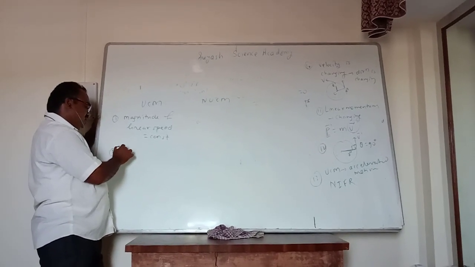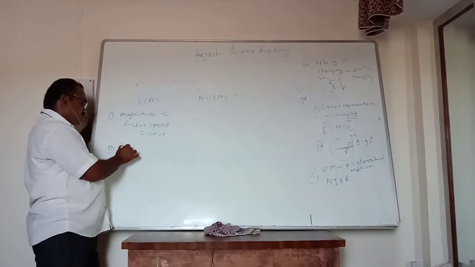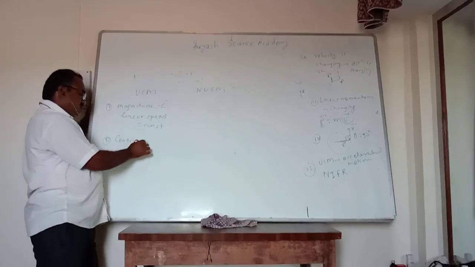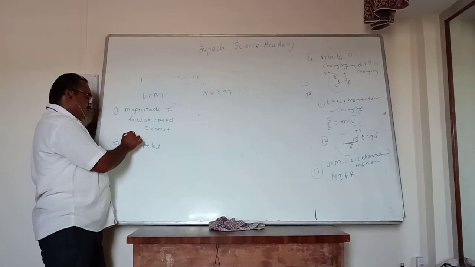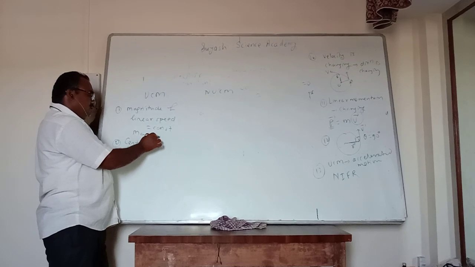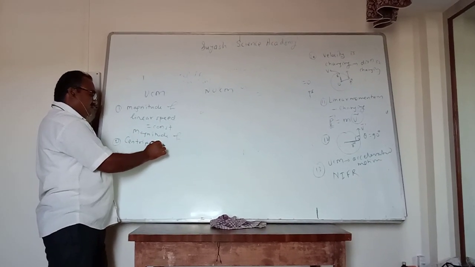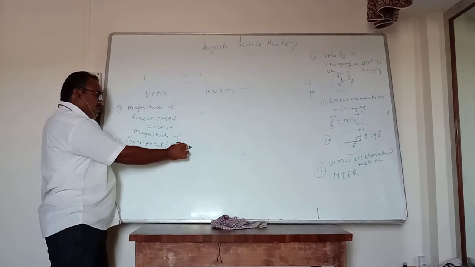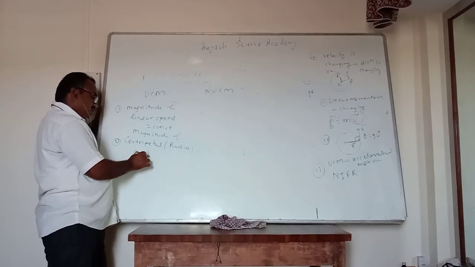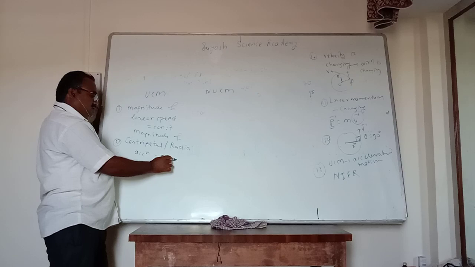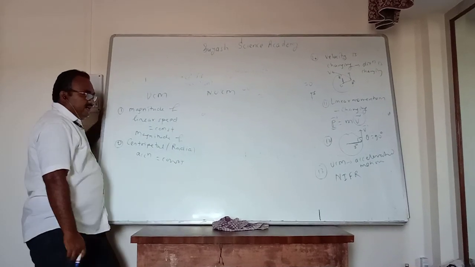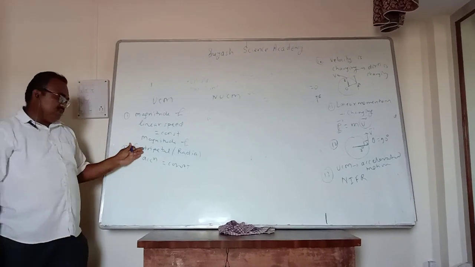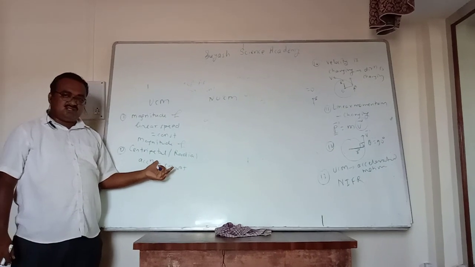So I will write here that the magnitude of centripetal or radial acceleration is constant, and on the right hand side the magnitude of this centripetal or radial acceleration is changing.